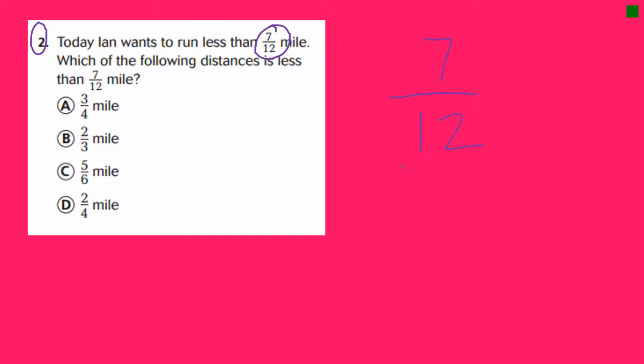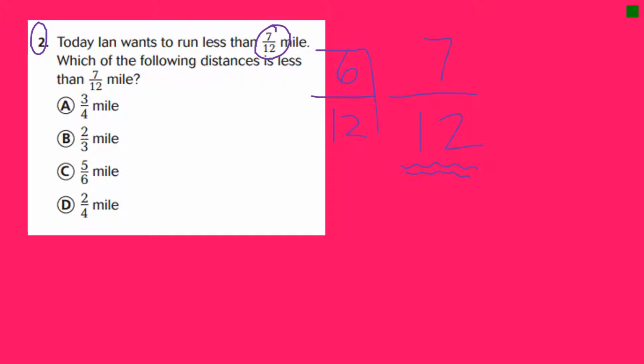All right, so you need to think about what's half of 12. What do we double to get 12? Well, we double 6, right? 6 plus 6 is 12. 6 times 2 is 12.